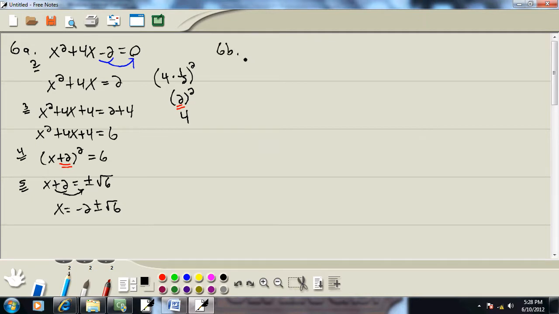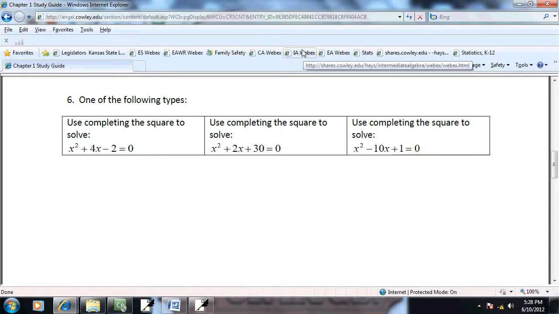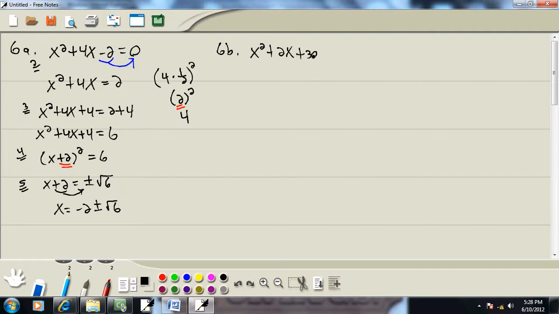Let's look at the next one. We got x squared plus 2x plus 30 equals 0. Step 1, I divide everything by the number in front of the x squared. There is no number in front of the x squared. Step 2, take the constant term to the right side. So I take 30 over, it becomes a -30.